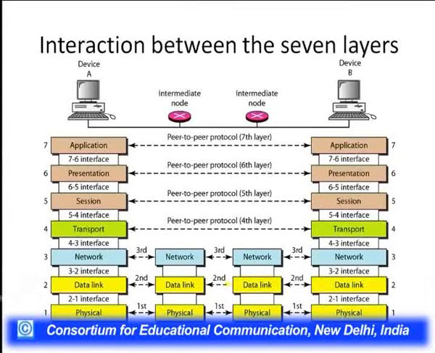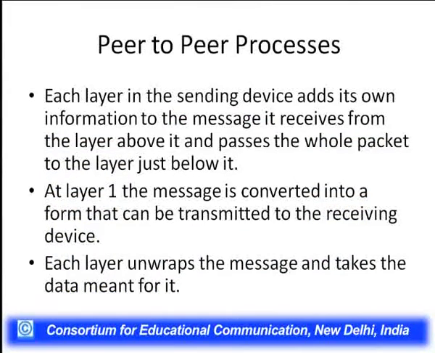For each layer above, the 4th, 5th, 6th and 7th layer, there is a peer-to-peer protocol which is used, and there is an interface between the two layers, like the physical and the data link layer is joined by an interface of the two layers. So basically we say that the interaction takes place at the process level and the processes are separated by each of the layers. So what are peer-to-peer processes?